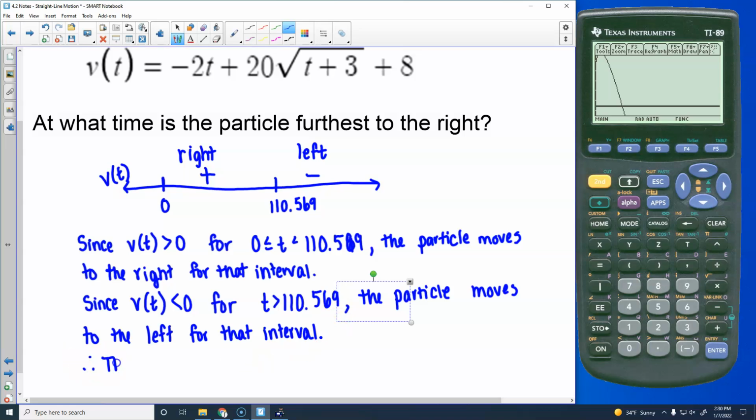Therefore, the particle is furthest to the right at t equals 110.569.